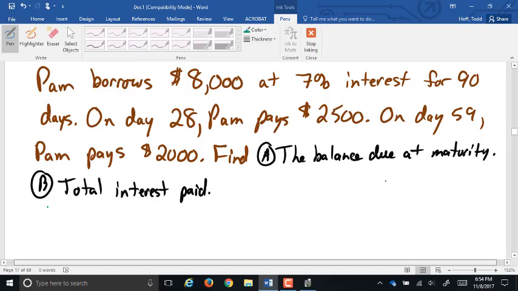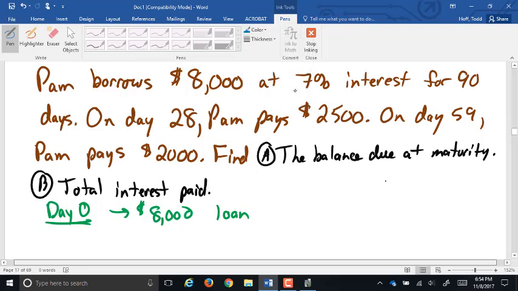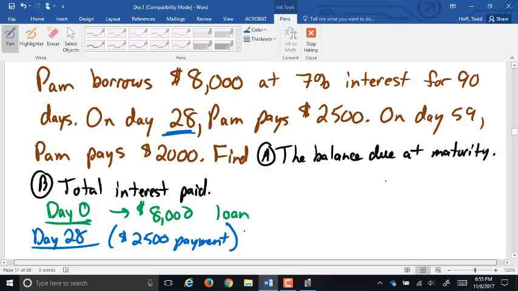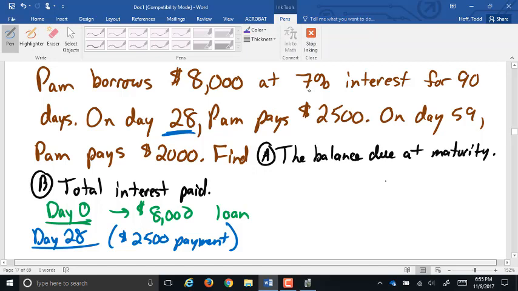So we start out day 0. The $8,000 loan occurs. What is the next action on this loan? Day 28. And that is an action of $2,500 payment. Before that payment gets made, the interest must be calculated and added into the account.